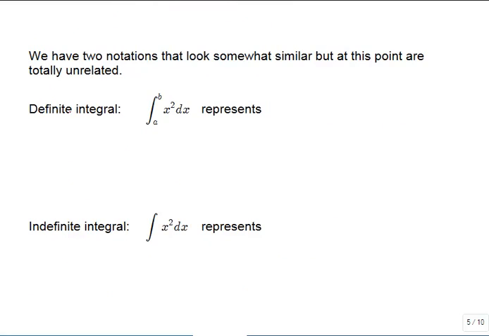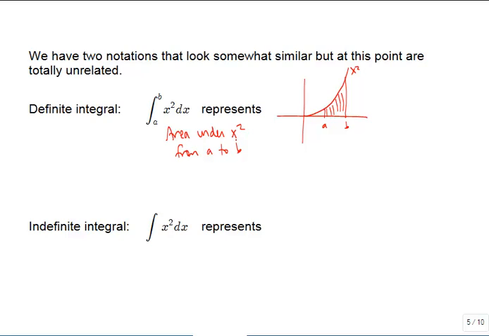So we now have this definite integral. For example, the integral from a to b of x squared dx. What that physically represents is the area from a to b underneath this x squared curve. So this represents the area under x squared from a to b.